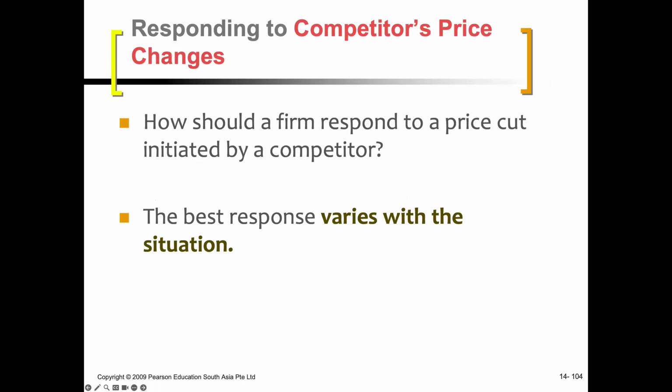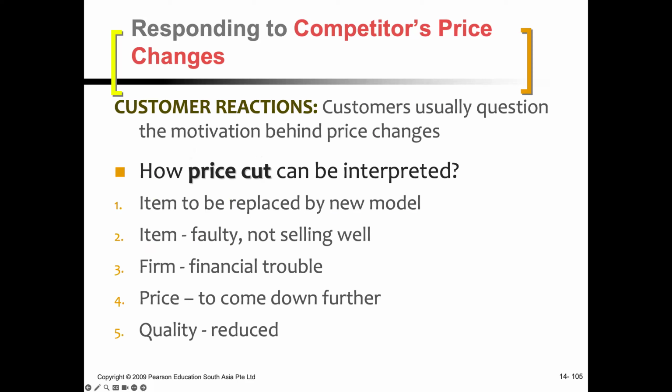How should a company respond to a price cut initiated by a competitor? Well, it varies with the situation. The customer usually questions the motivation behind the price change. How can the price cut be interpreted? There are a few ways we can explain it.